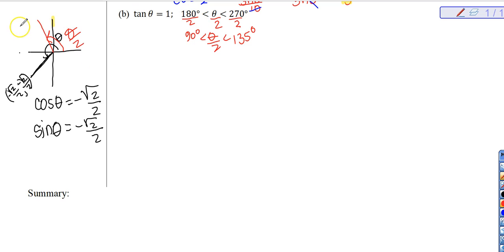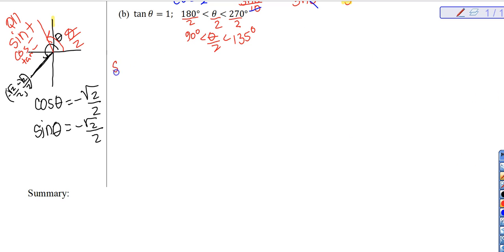This is quadrant 2, where sine is the only positive. Well, cosecant too, but we're not asked to find cosecant, right? So I know cosine negative, tangent negative. So when I get my answers and I'm finished with my problem, I want to make sure that my values actually are positive sine value, negative cosine, negative tangent.